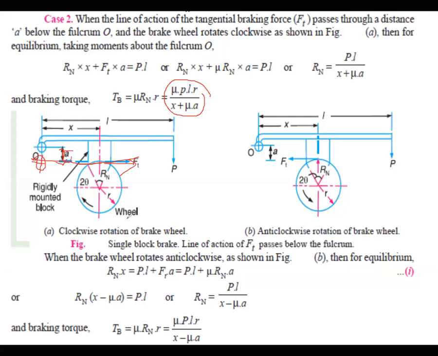The wheel rotates in the clockwise direction or the anti-clockwise direction, both are there, but the little difference is providing a fulcrum at a distance, with the tangential force at a distance.